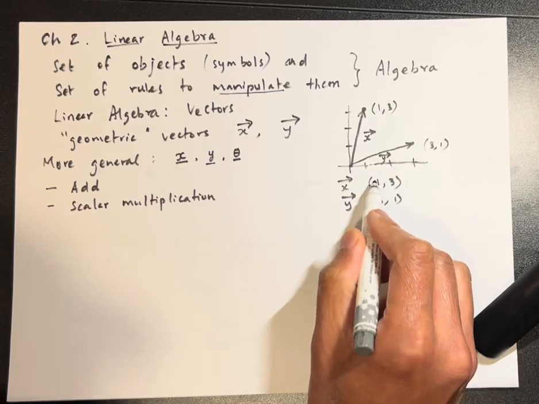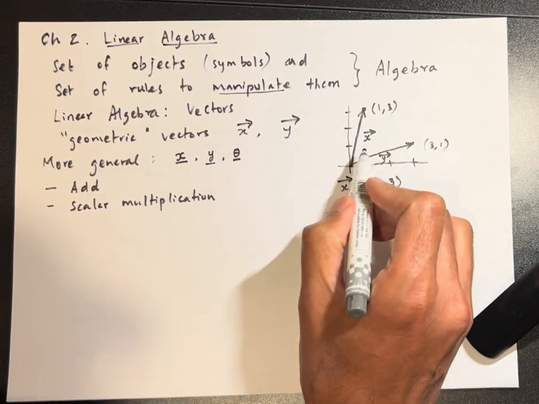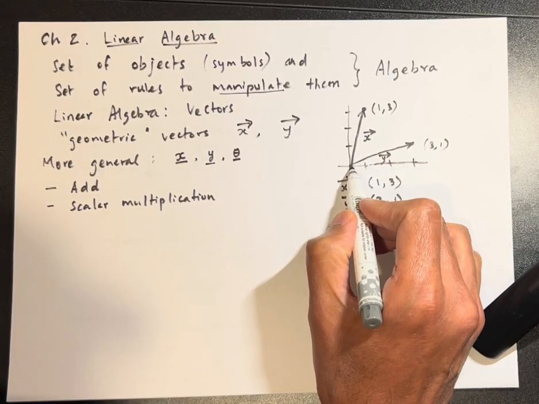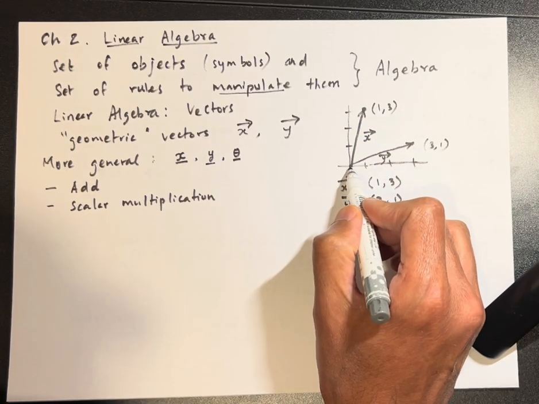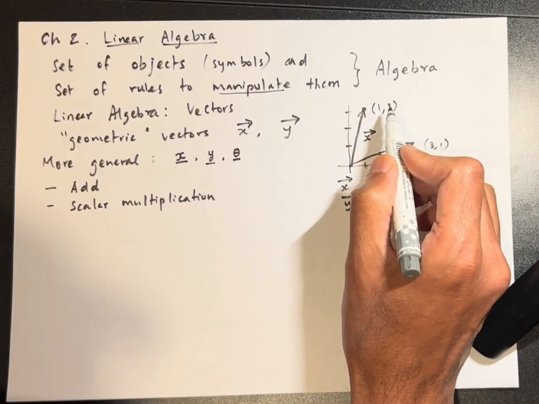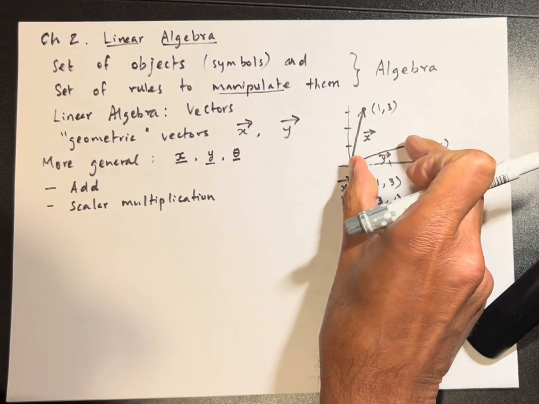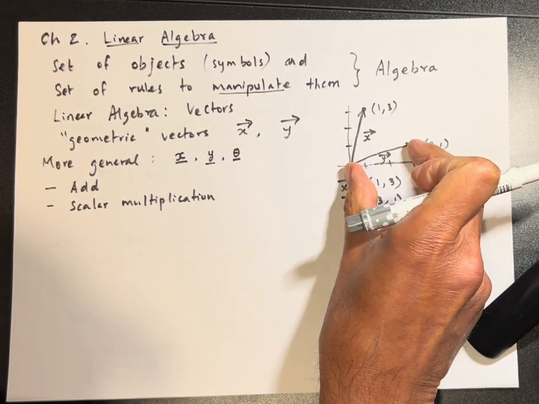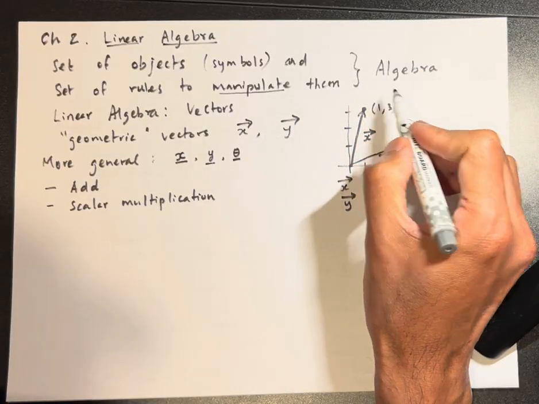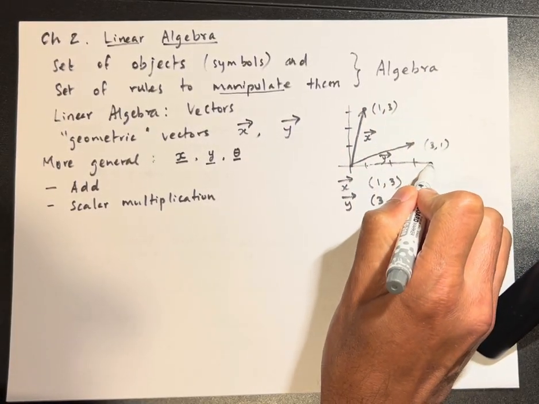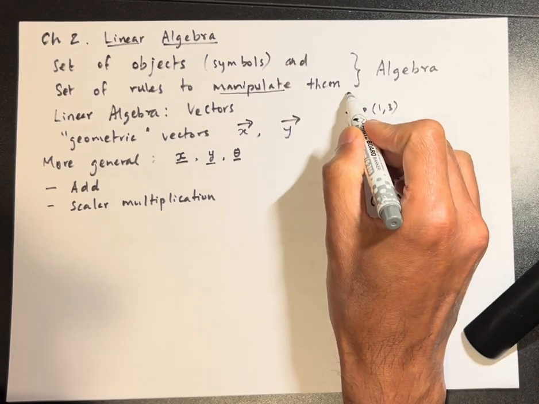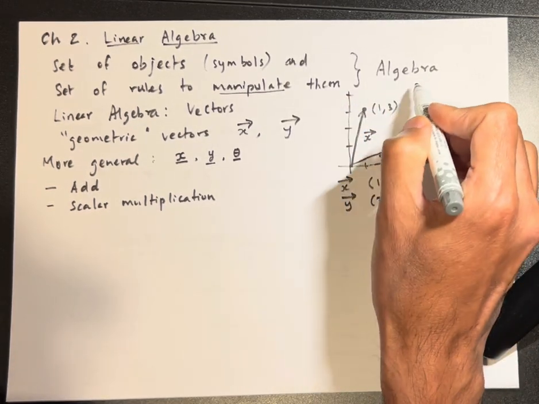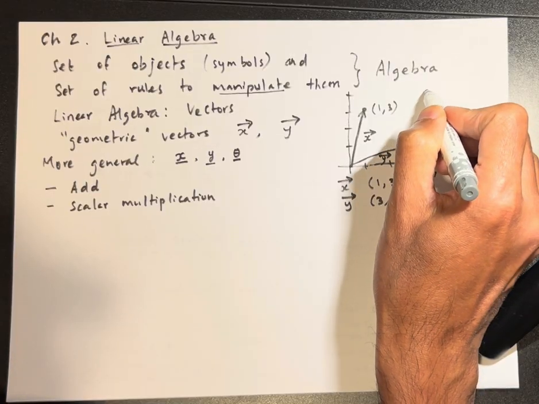And we can add them, and we have done this in school. Generally what we do is travel along one vector first. For example, let's say I travel along x, so I reach the point (1, 3), and from there I take this y vector and move it. That's going to be 4, and then 1 up, so it's going to be 4 here also, going there.